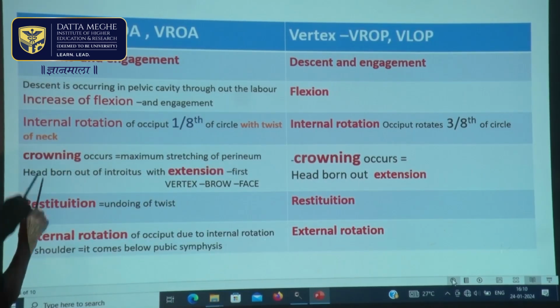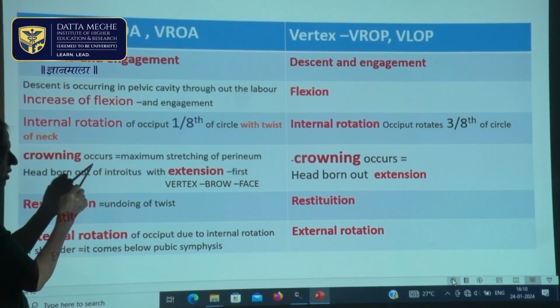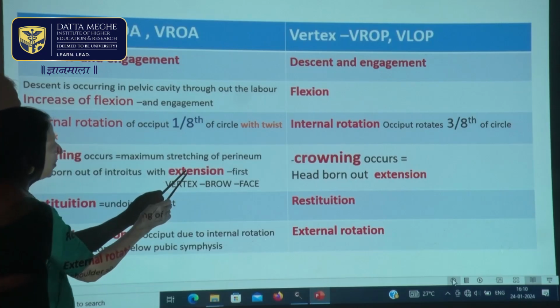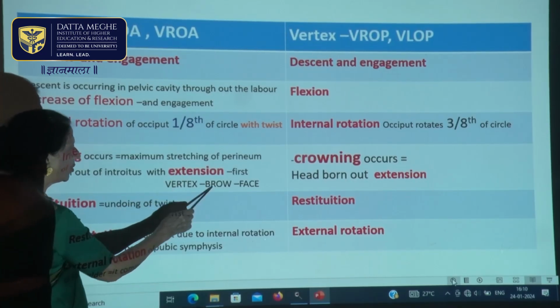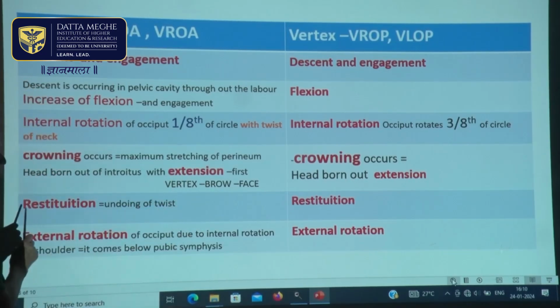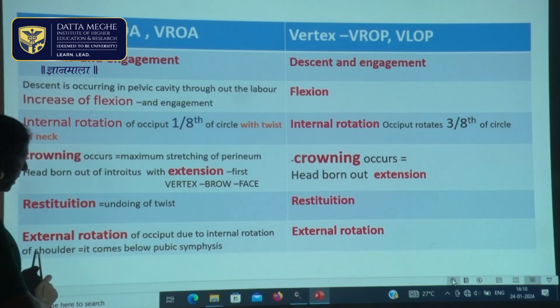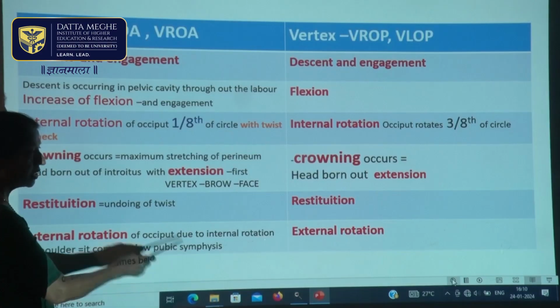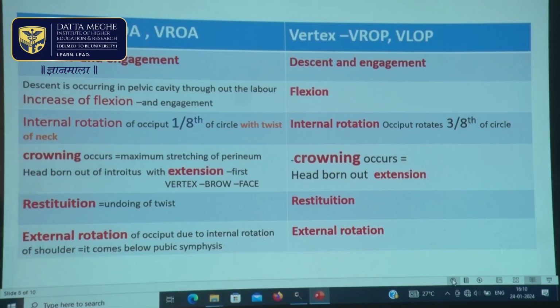Next, what will happen? The head will descend down. Descent is occurring throughout. Crowning results and the head is born out with the extension. First vertex, brow, face. Next is restitution, that is undoing of the twist. Lastly, external rotation of the occiput occurs due to internal rotation of the shoulder. Shoulder is born out, trunk and lower limbs follow.